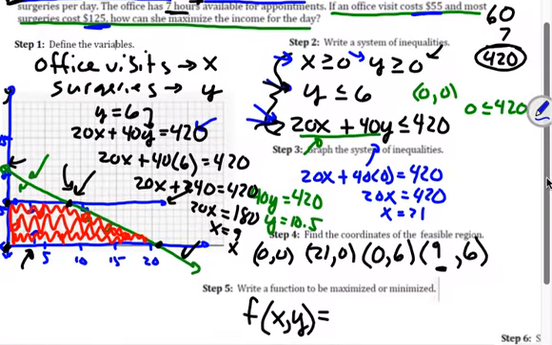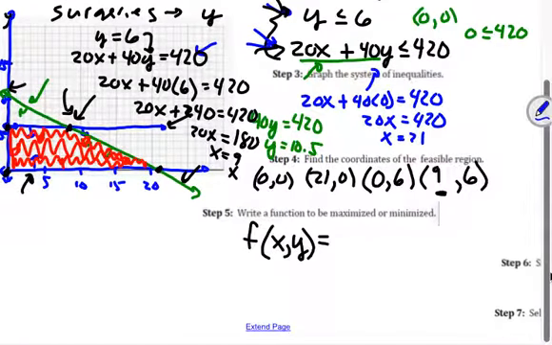That's how much money they make on each one of those. So x is the number of office visits, and it's $55 for each office visit. So that's 55x plus $125 for each surgery, 125y. There's our objective function.